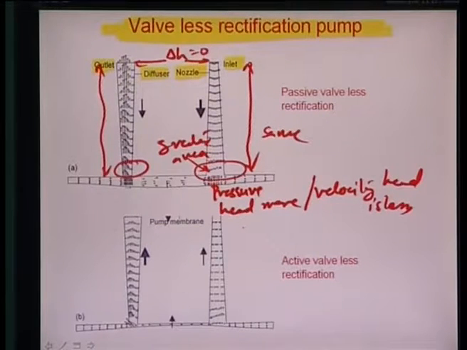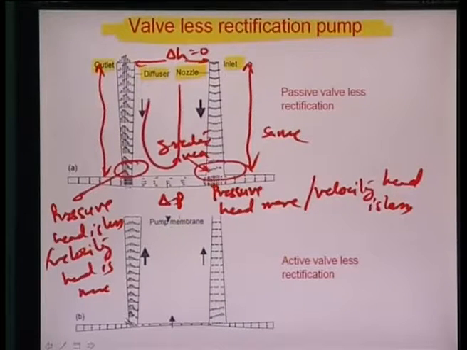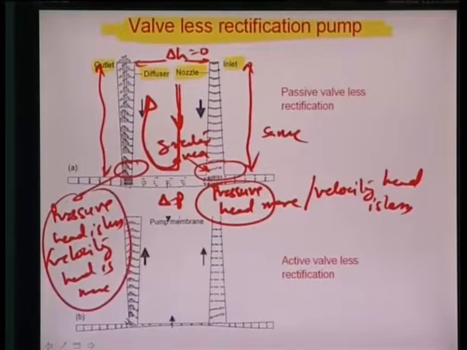On the other end, the pressure head is less and the velocity head is more. So, there is a differential pressure delta P between these, which causes the fluid to move in this direction. It moves from the high pressure zone towards the low pressure zone, and so fluid moves in this direction across the microchannel.